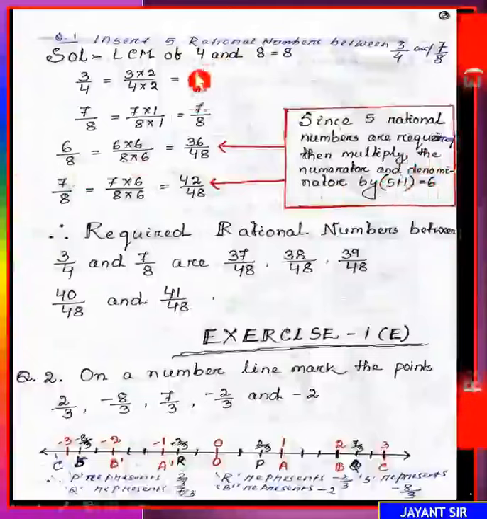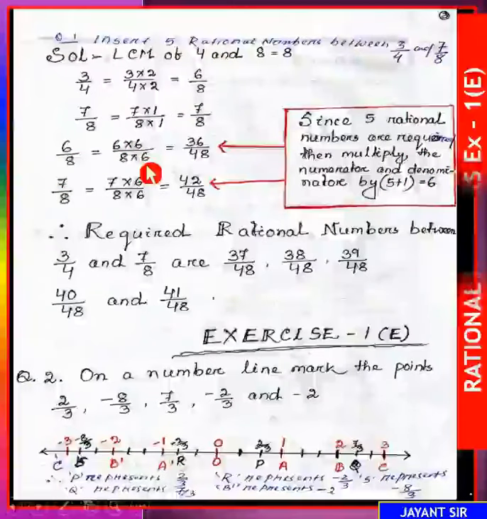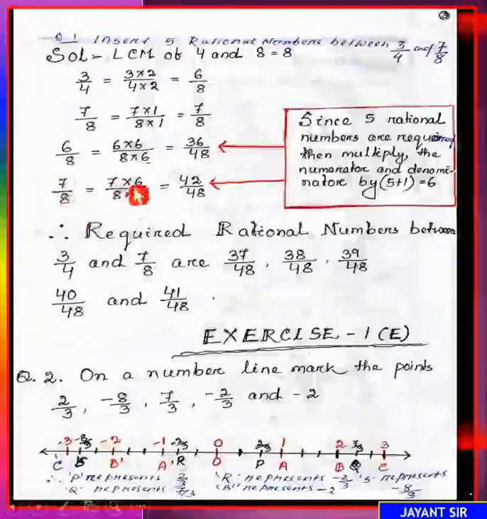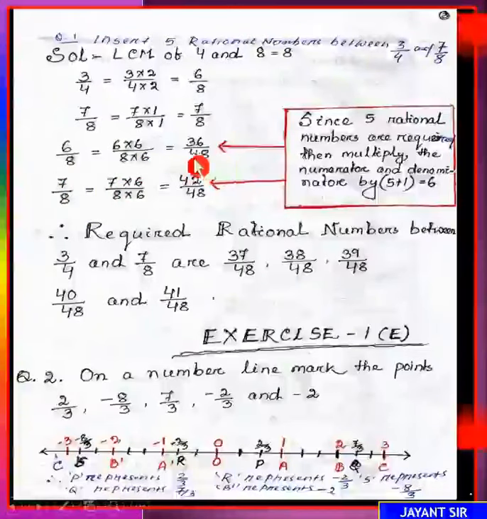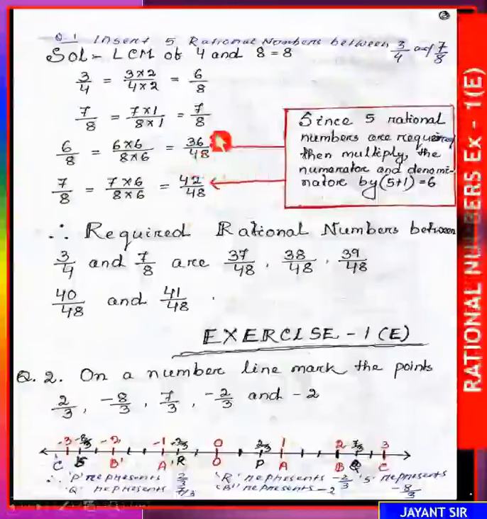Now multiply: 6 by 8 into 6 by 6 gives 36 by 48, and 7 by 8 multiplied by 6 by 6 gives 42 by 48. The denominator is the same, 48, starting from 36 and ending at 42.